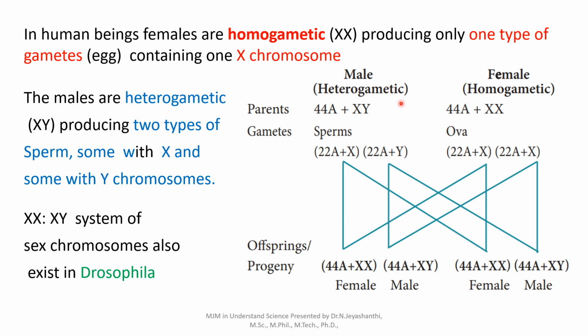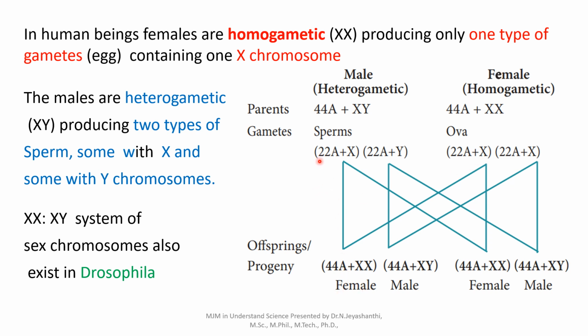Male heterogametic, it produces two types of gametes, 22A plus X, this is one gamete, 22A plus Y, this is another gamete. But female or homogametic produces only one type of egg, 22A plus X. If this sperm is fused with the egg, it produces female.